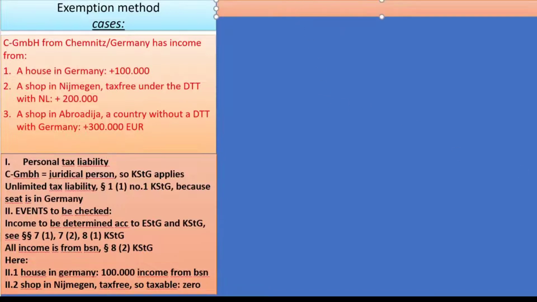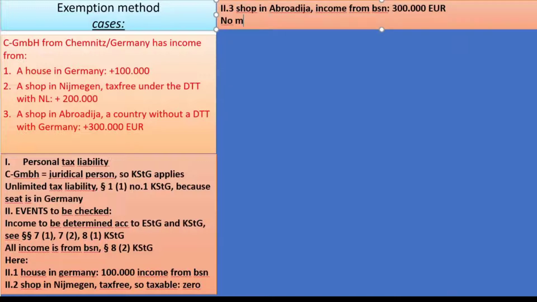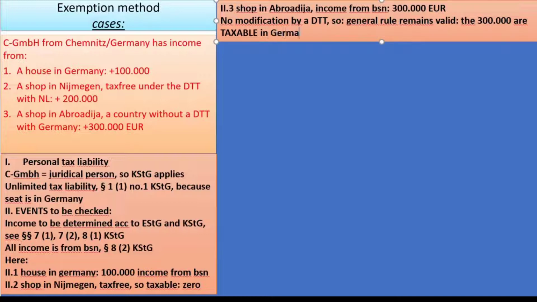And the 2.3, the shop in Abrodia, a foreign country, that's income from business, 300,000 euro. No modification by a double taxation treaty, so general rule remains valid. The 300,000 are taxable in Germany.